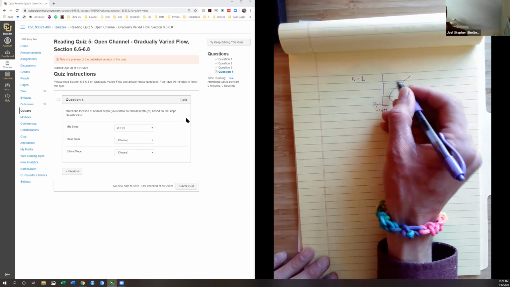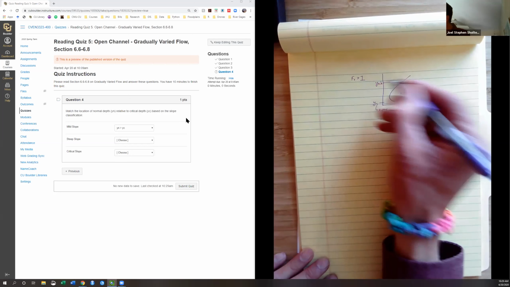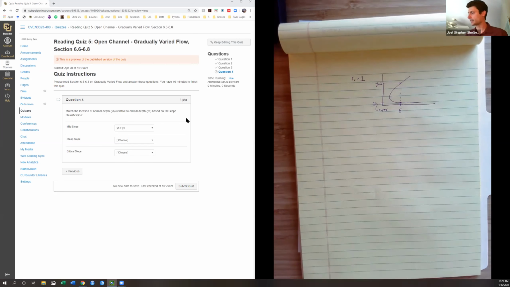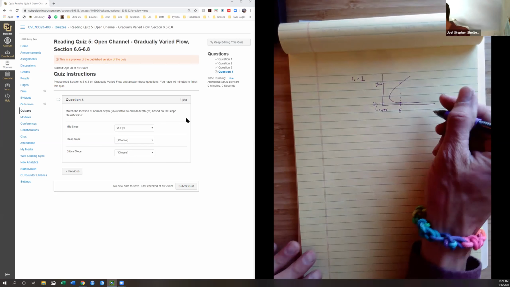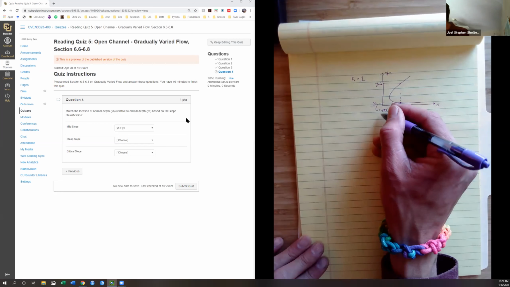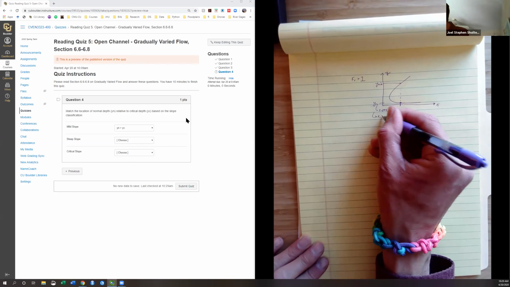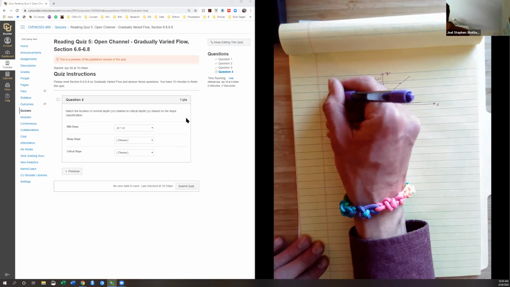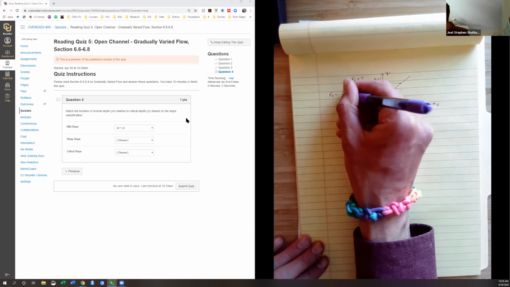And this is my y subcritical. Remember, we can have two different complementary flow depths at a given specific energy. And this is Froude number greater than 1, and this is Froude number less than 1. And Froude number is equal to V over square root of gy.